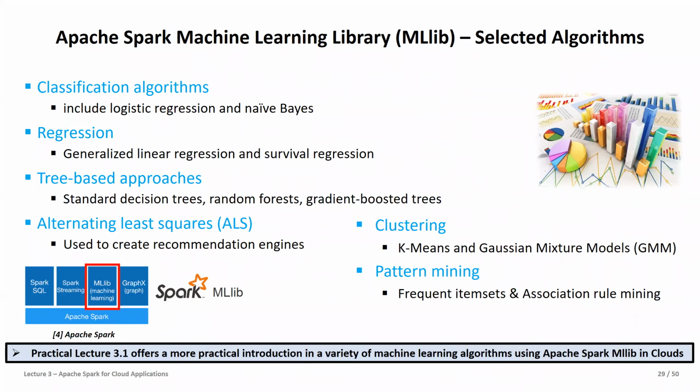Now, when you look at the selected algorithms that are there, and there's a growing number of algorithms, classification algorithms from logistic regression to naive Bayes, several regression algorithms, not only linear regression, survival regression, support vector regression I have seen also. So there are different models that you can use.